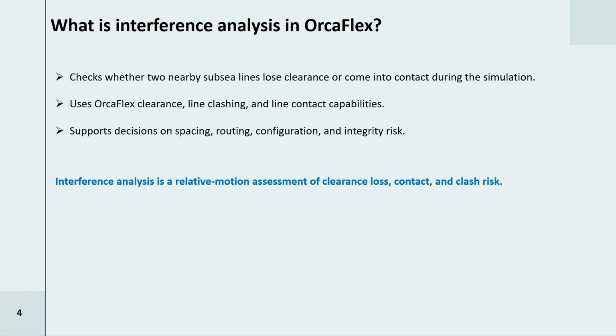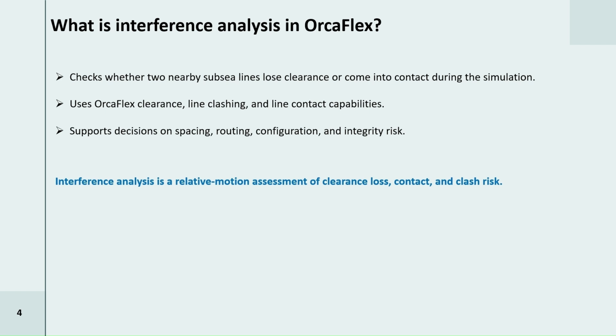What is interference analysis in Orcaflex? In Orcaflex, interference analysis is the assessment of whether two nearby subsea lines lose clearance or come into contact during the simulation. In practical terms, it is used to check the relative movement of the two lines and to identify any risk of clearance loss, physical contact, or clash.